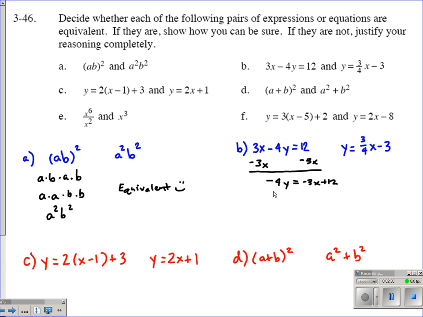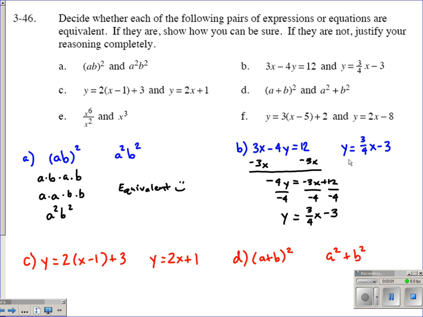And then I can isolate my y by dividing by negative 4 on each side here. I'm going to divide each term on the right side by negative 4. So I'll end up with a positive y equals negative 3 divided by negative 4. Well, obviously a negative divided by a negative is a positive, so we're going to end up with 3/4 x, and then 12 divided by negative 4 would be negative 3.